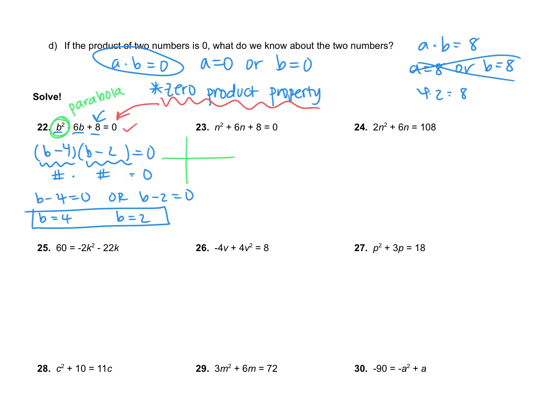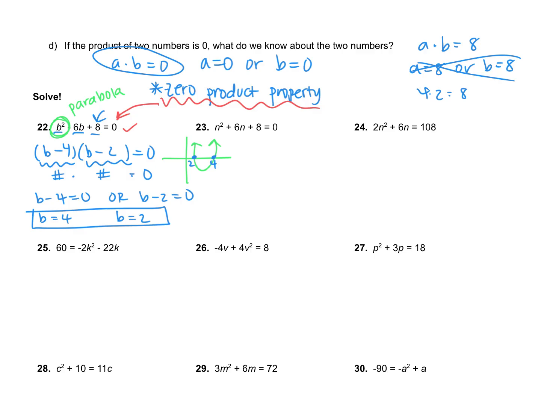So it's going to look something like this. And so when we find these numbers of 4 and 2, we are finding these two numbers right here, where our parabola crosses the x-axis. So that's the meaning of those.